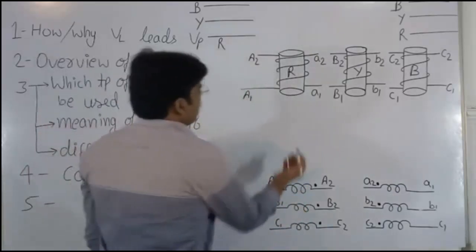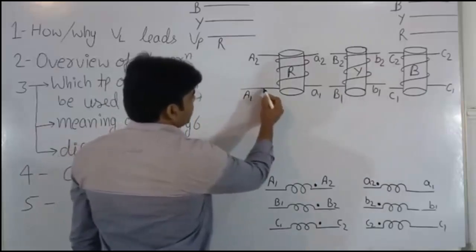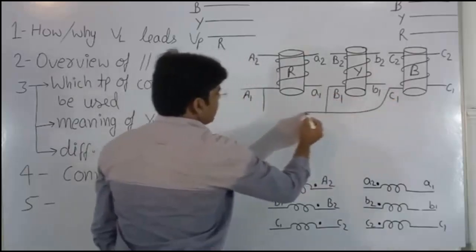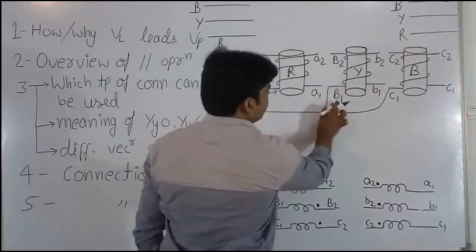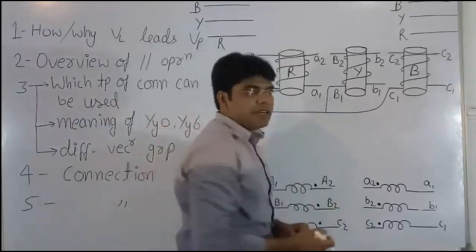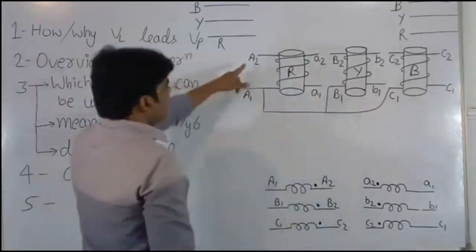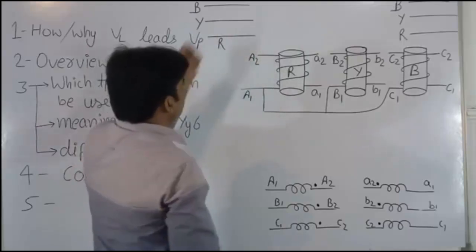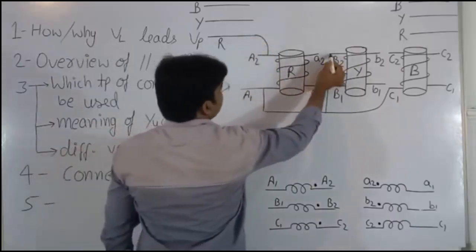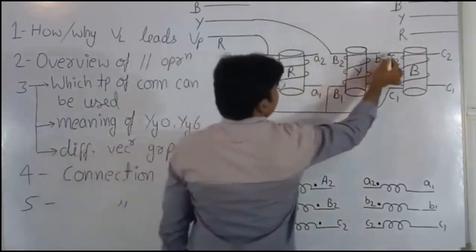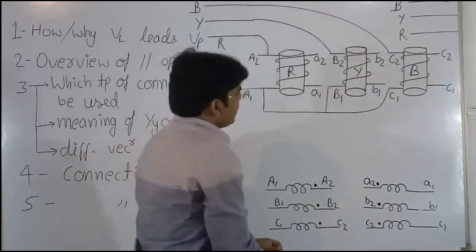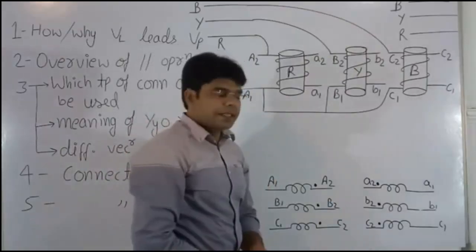So I can connect this terminal and this terminal to one point, A1, B1, C1 to one point. So the primary winding has been connected in star. Now we will connect A2 to line R, B2 to line Y, and C2 to line B. This connection is in star.